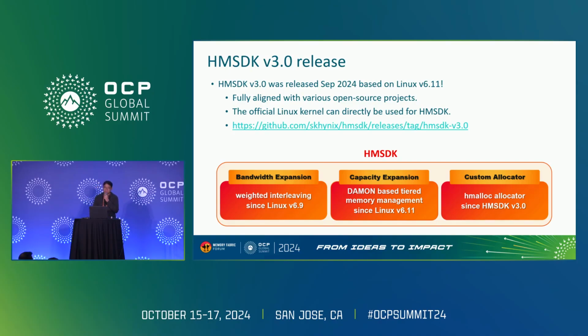This is meaningful, especially because it is fully aligned with various open source projects, and the official Linux kernel can be used directly for HMSDK without any local patches or custom rebuild. To sum up, weighted interleaving is available from 6.9, DAMON-based tiered memory management is supported from 6.11, and the hmalloc allocator is available from HMSDK 3.0.